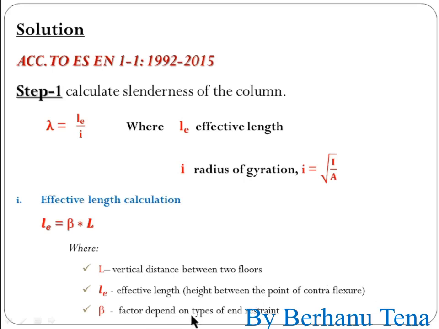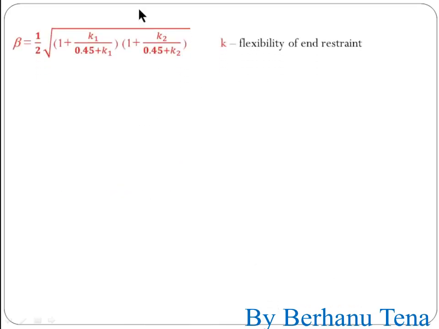Beta is a factor depending on the types of end restraint. In this expression, k is the flexibility of the end restraints at the two ends, at the top and at the bottom of the column, which is also given in our code.